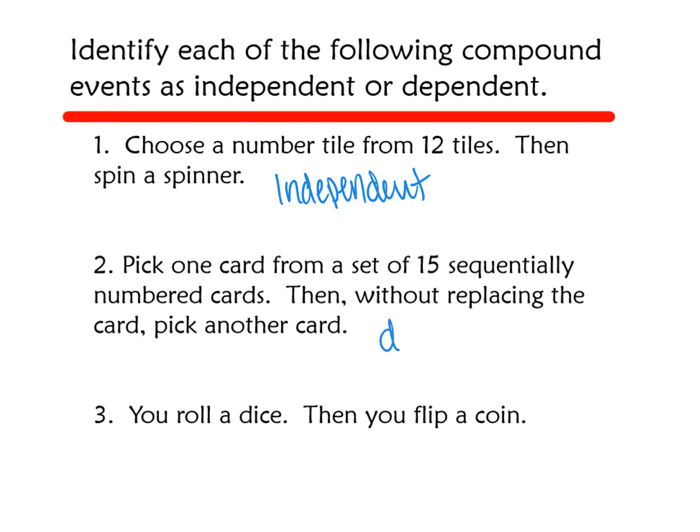So this is dependent. It depends on what number I picked first. If I pulled a 5 first, there's no chance I'm going to pull a 5 the second time. Last one, you roll the dice, then you flip a coin. Again, just like the first one, the dice has nothing to do with the coin. So these are independent.